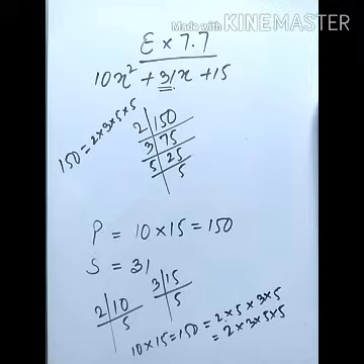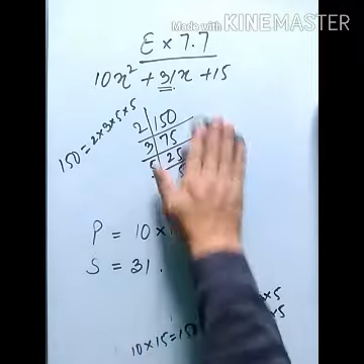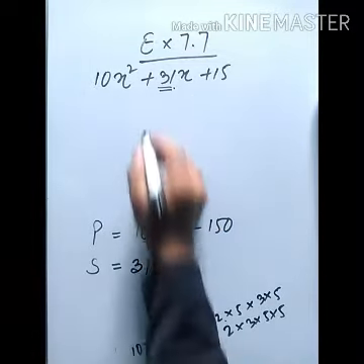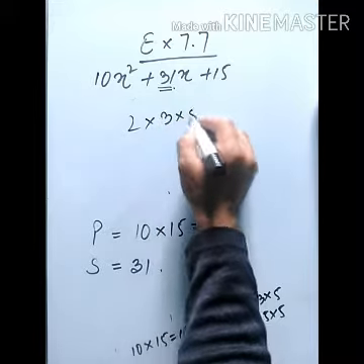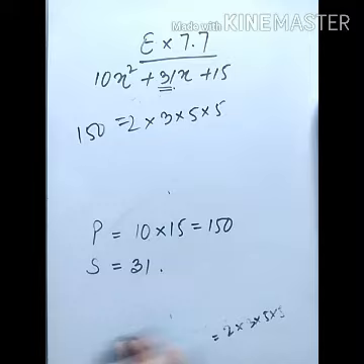Okay, so let me just rub this part now. This is 2 into 3 into 5 into 5. This is actually 150. We are going to find the two numbers whose product is 150 and the sum is 31.